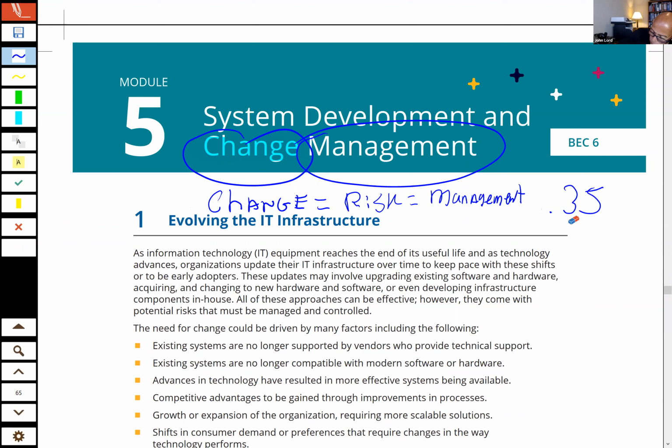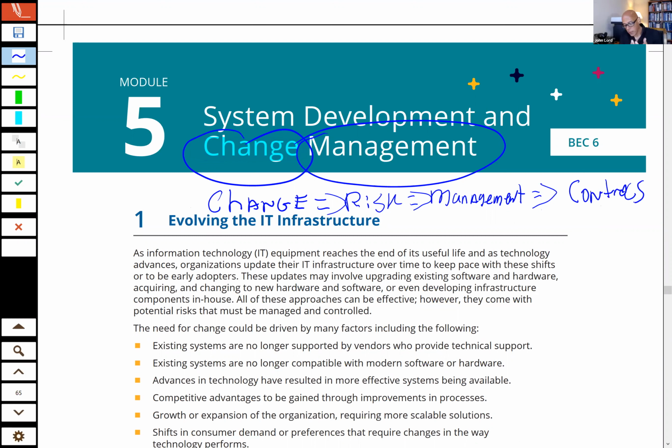Okay, and how do we manage risk? Maybe I should do it this way instead of saying they equal, that one causes the other, sort of a chain reaction. We have change, thus we have risk, thus we have to manage that risk, and we manage that risk through what? Through controls. Okay, so you're going to see that that's the theme here.